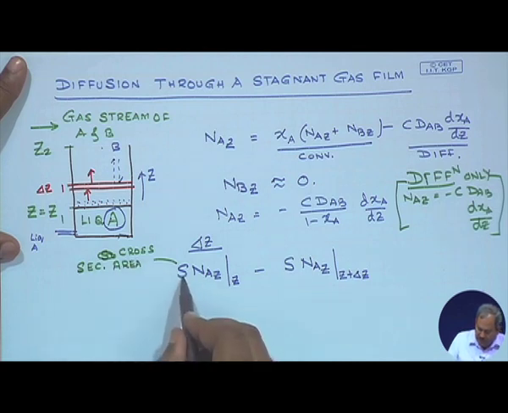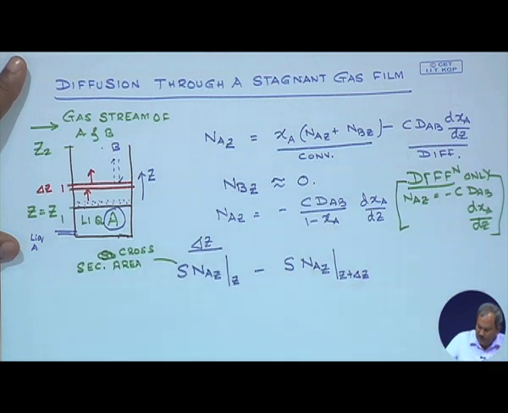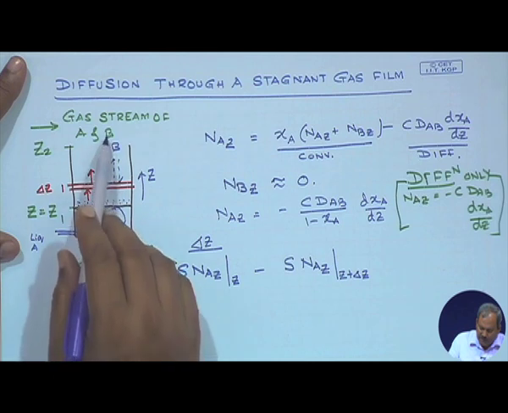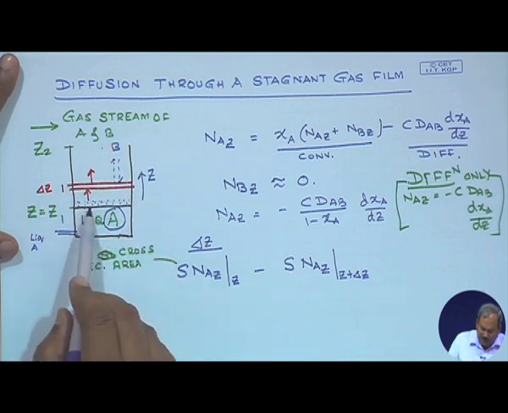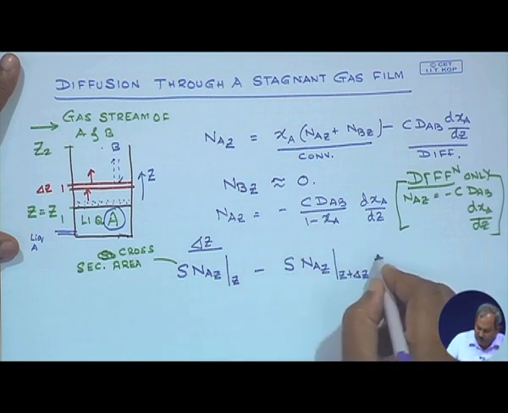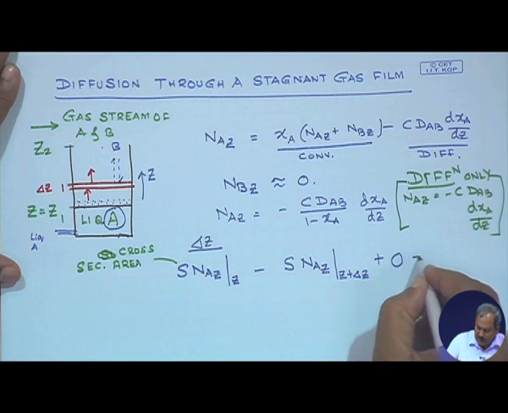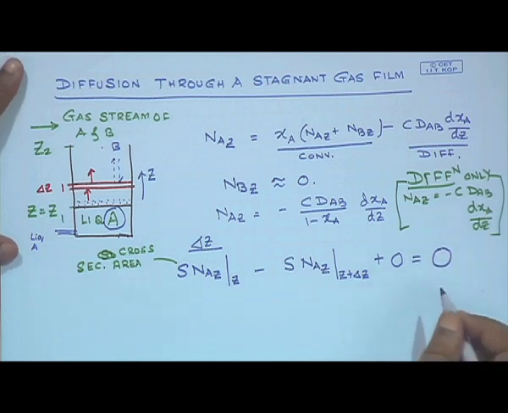So, area multiplied by flux gives you the moles per unit time of A coming in and moles per unit time of A going out. Since A and B are non-reacting, there is no reaction between A and B. A will travel through without reacting with B, and there is no source or sink term. That is why I put 0, and at steady state this must be equal to 0 as well.